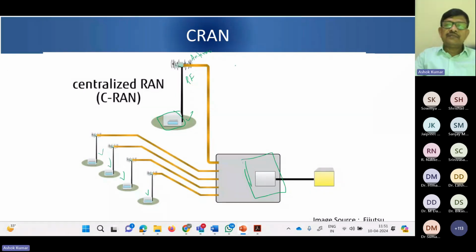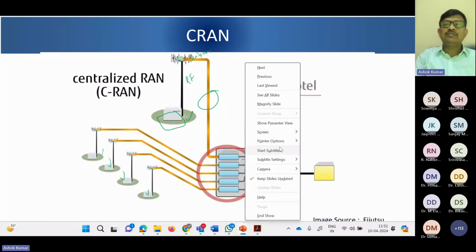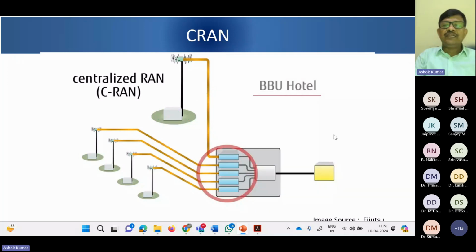And then I can have fiber to connect RF and the BBU at the central location. Since I have brought all the BBUs together, many times some vendors call it a BBU hotel, because these BBUs are installed at a central location, aggregated, and then traffic goes towards the core.